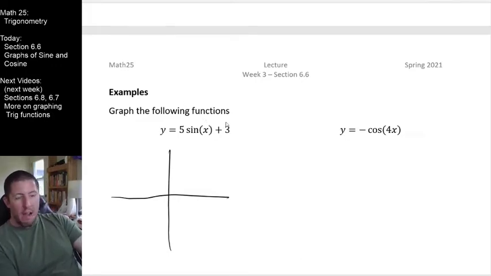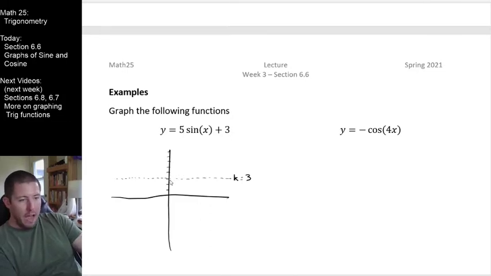Step 1, graph the midline. So I'm going to go to my height of 3 right here. And that height of 3, I know is the midline that our graph should traverse. From the midline of 3, I know that our graph is going to go up 5 units.